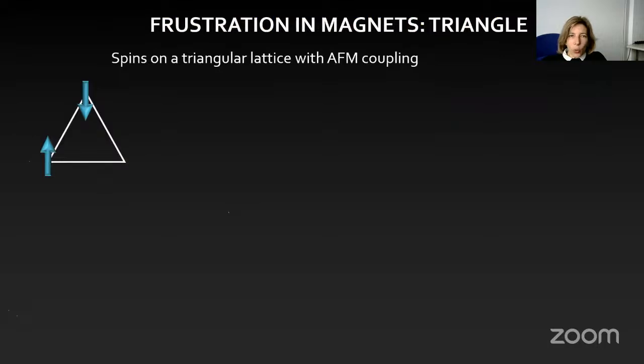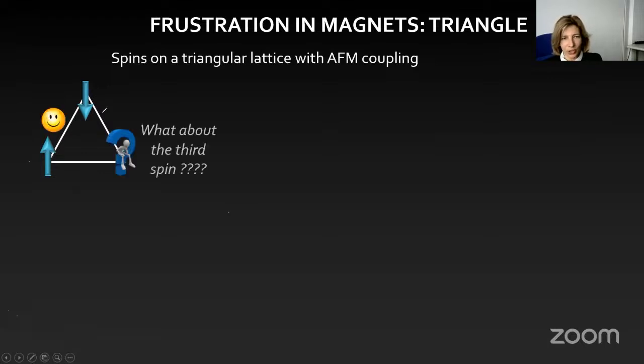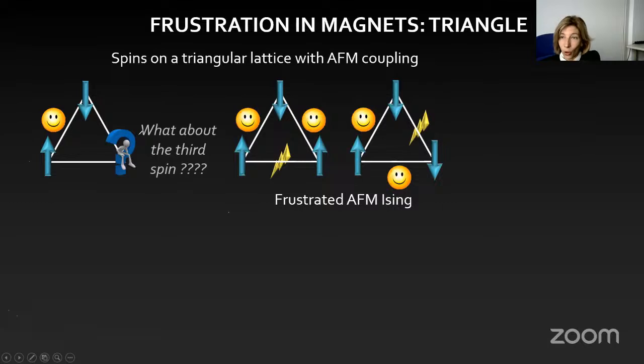Okay, so one more ingredient about frustration, which I will discuss more in the later part of the talk. So the paradigm of exchange frustration is that if I have a triangle with antiferromagnetic exchange interaction, and I try to place 2 spins on the triangle with an antiferromagnetic interaction, then the third spin wouldn't know what to do.